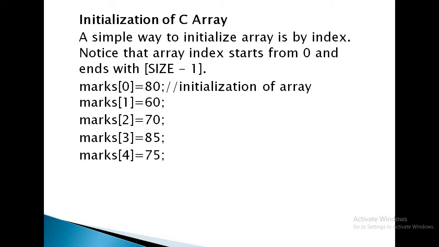To initialize the array, marks[0] is 80, the first index is 60, the second index is 70, the third index is 85, and the fourth index contains 75.